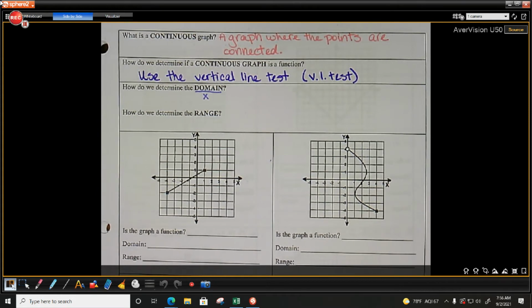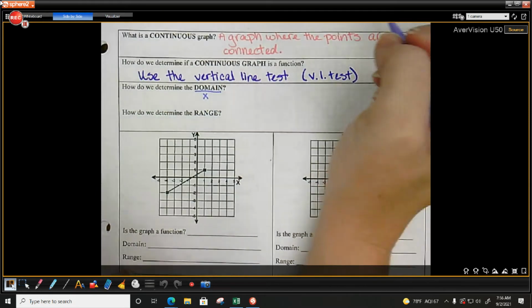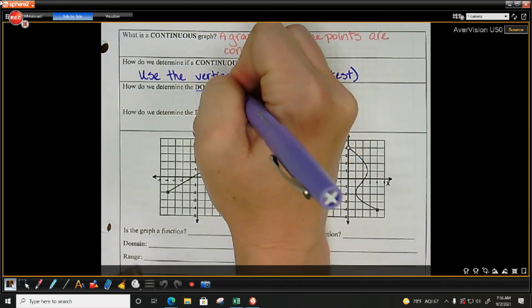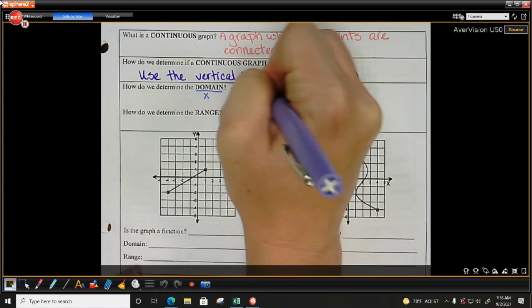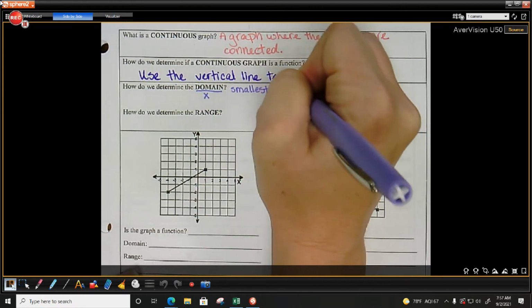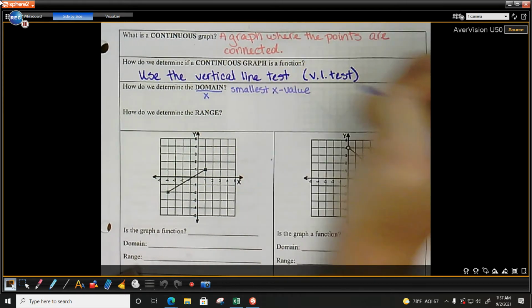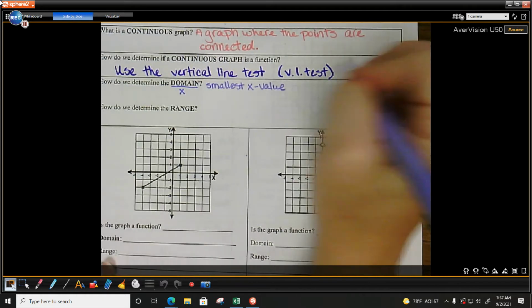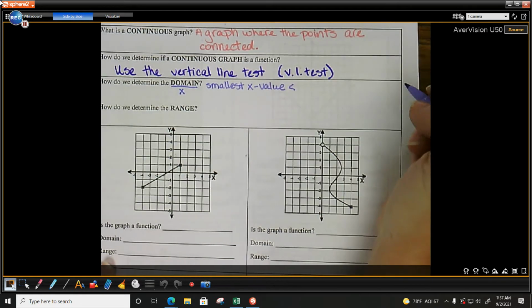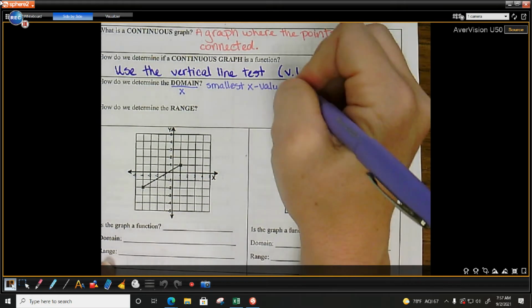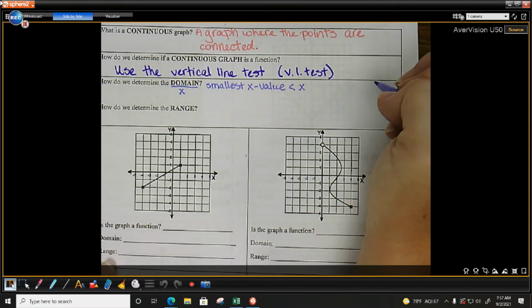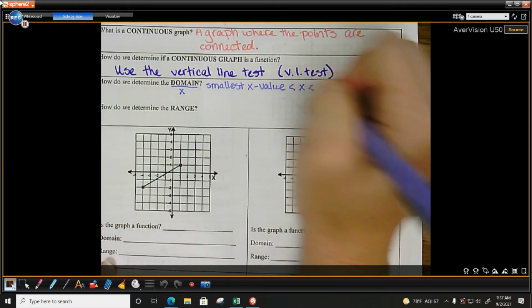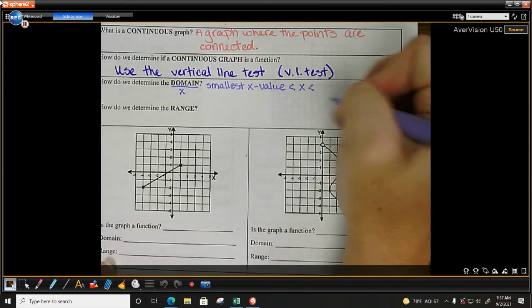Okay, so the way we determine our domain is we choose the smallest x value. Then we're going to use our less than sign, because all of our small numbers are going to be less than. We're going to use x, because domain is x, less than. What do you think is going to go over here if we go small to big?